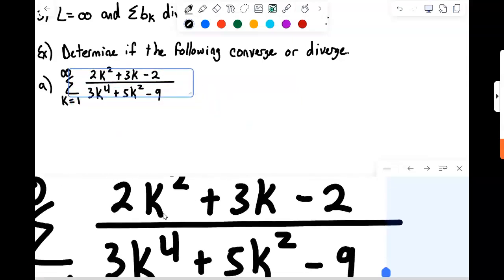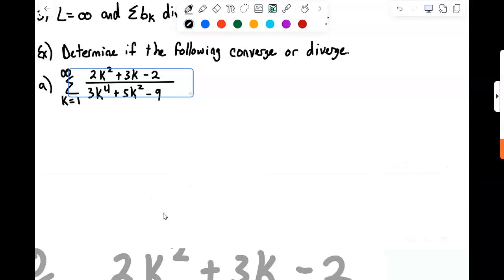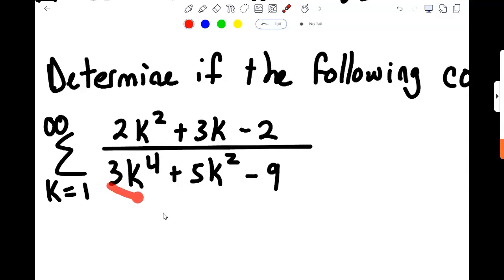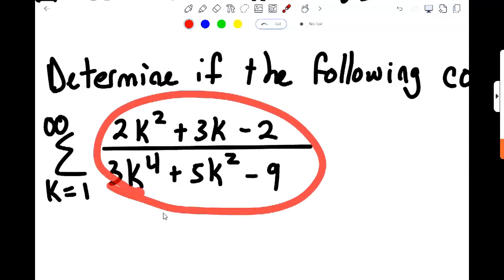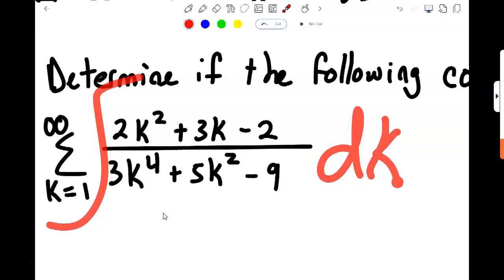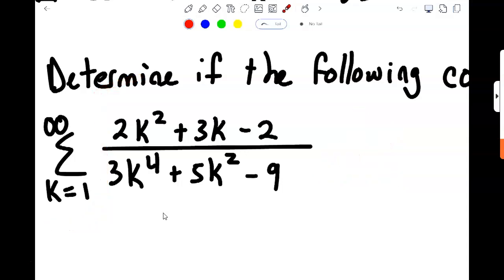Boy, would this be a pain to do with our integral test. Think about the integral of this thing. Forget changing it to x, just the integral of that. Wow. Having nightmares yet?